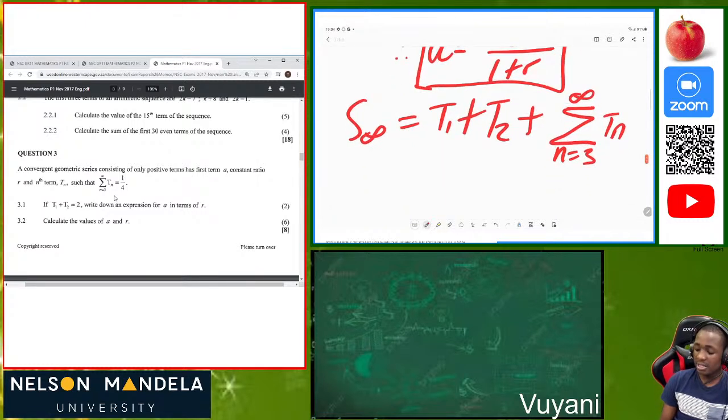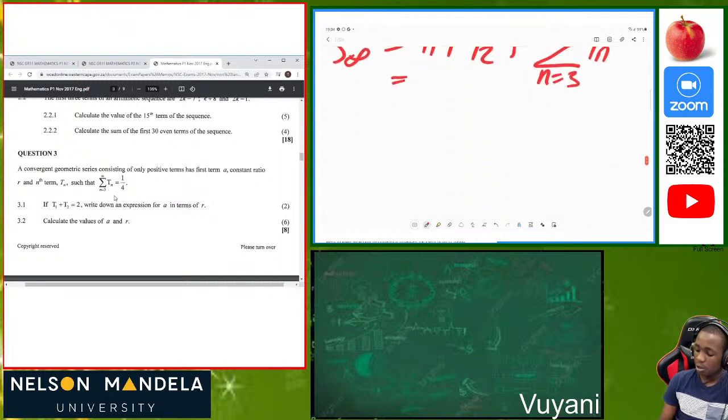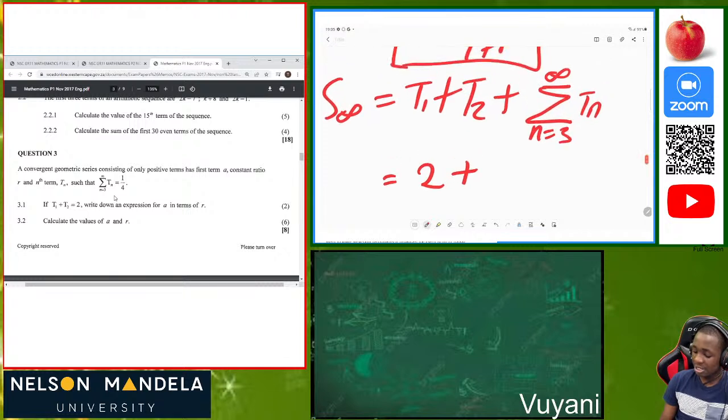So we know that this is how we will be able to calculate the value of a and r. What is t1 plus t2? We were told that initially t1 plus t2 is equivalent to 2. So we'll put our 2 there, so we have 2 plus. What is our summation equal to? We were told in our question that the summation is equivalent to this part.